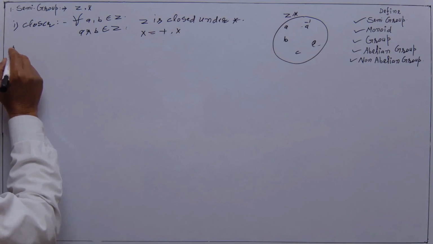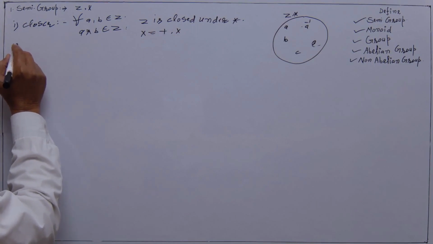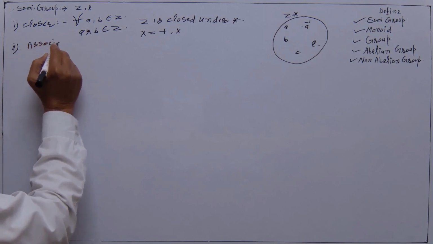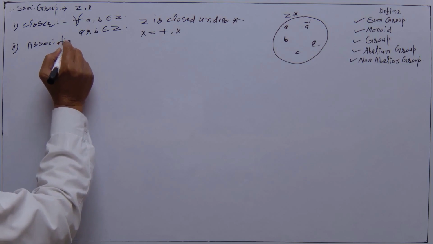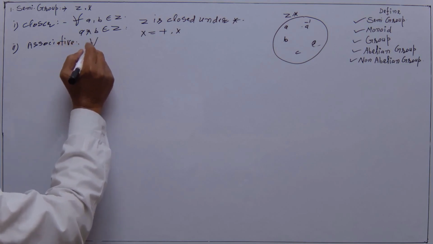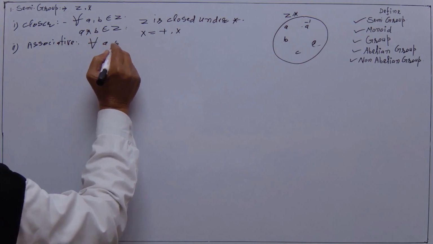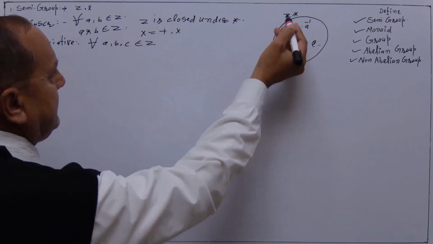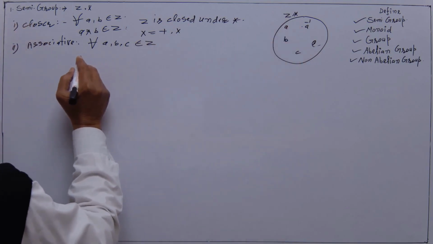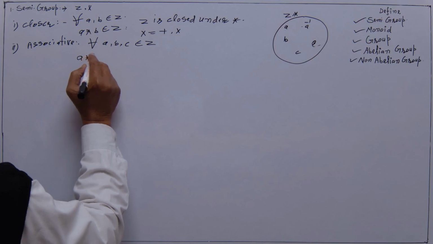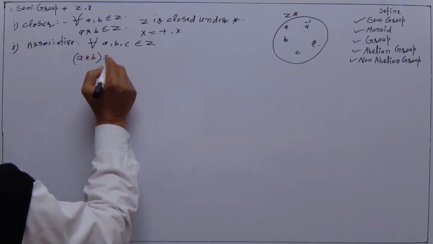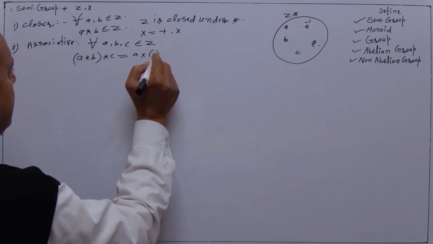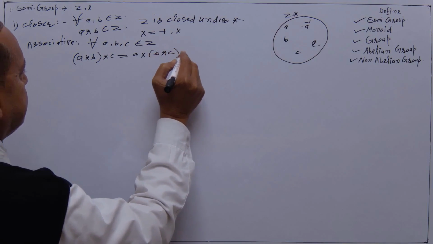And the second axiom for a semi-group is associative. In this axiom, let for every a, b, c belonging to Z, then (a star b) star c is equal to a star (b star c).